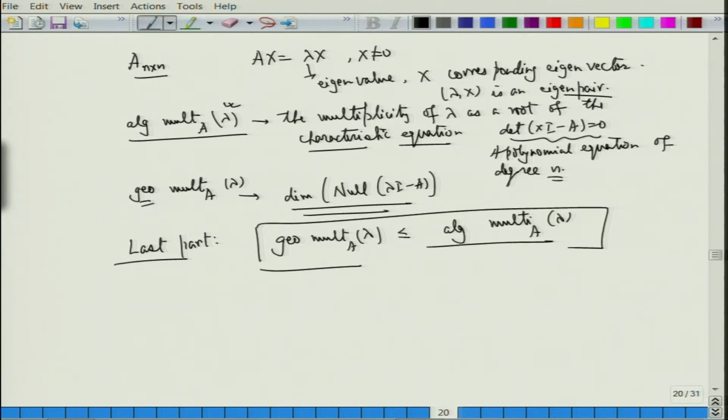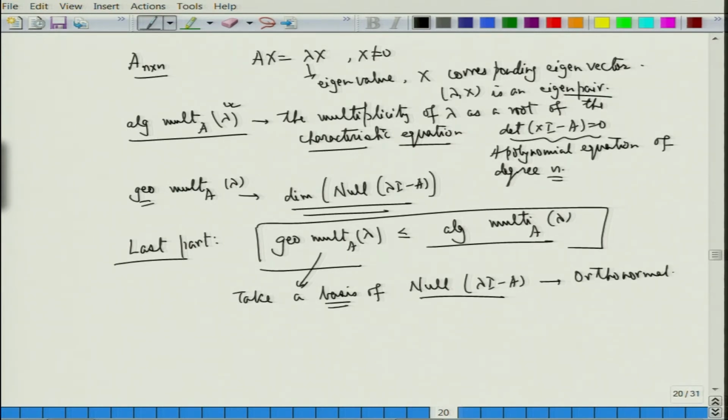And the idea was very simple, which we have been doing again and again in some sense: we take a basis of the null space of lambda I minus A, fine. Once we have taken a basis, let the dimension be k, and then we make it an orthonormal basis. There is no need for this, not orthonormal basis, we do not need it at this stage, but in general sometimes we will need it, fine. Once you have taken a basis of this, extend it to form a basis.